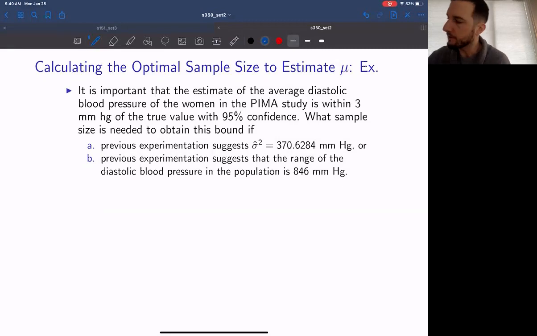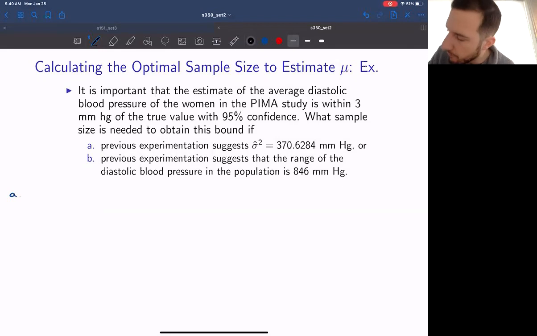Well, in the first case, we can just directly plug in here. So we're going to assume that n is large for this particular study. Again, in most cases, you're not going to need to include that factor of plus 1 over n, because we round at the end anyways.